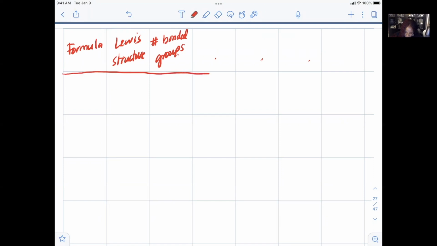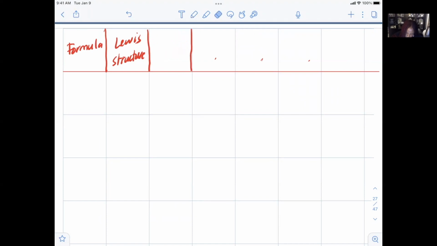That's the context. I just can't write all those words. Maybe I should write a little smaller. Hold on. Number of bonded groups. Oh, it's electron groups.